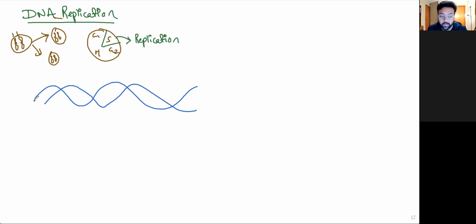The way of writing the DNA is one strand has to be 5 prime to 3 prime, and the other strand has to be complementary, which is anti-parallel. So if this is 5 prime to 3 prime, the other strand has to be 3 prime to 5 prime, right? Now tell me, what is the 5 prime end?